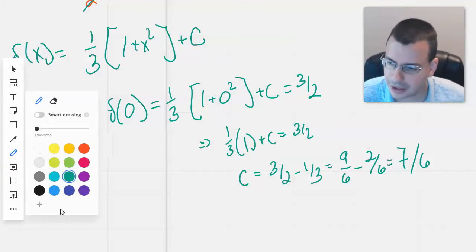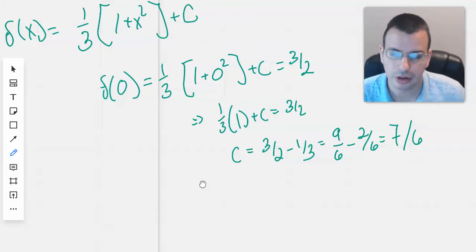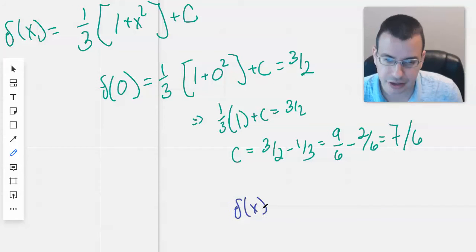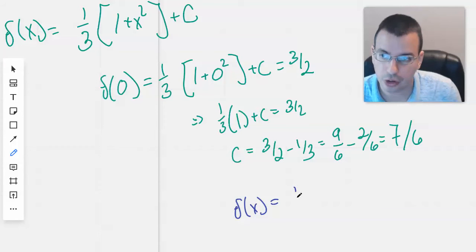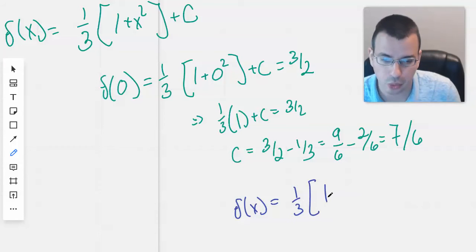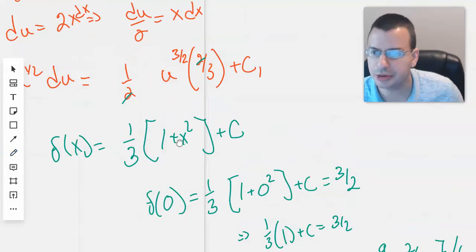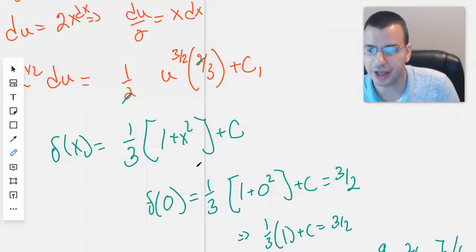So then the final answer, blue, will be f of x equals 1/3 times 1 plus x squared. I think there's supposed to be an exponent there, 3 halves.